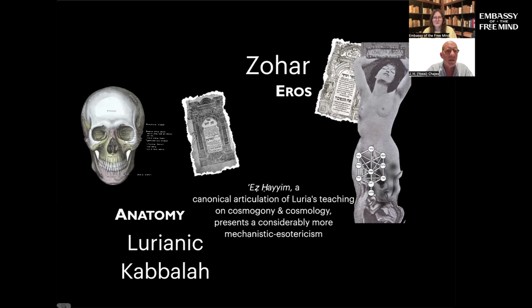So, if the Zohar says that the Shekhinah, the divine female, is beautiful, the Lurianic Kabbalah will say the divine female hip bone is connected to the leg bone, is connected to the knee bone. It's more like X-ray vision. So they're very different. And Lurianic Kabbalah is of an order of complexity that goes far beyond anything Kabbalah had seen before.